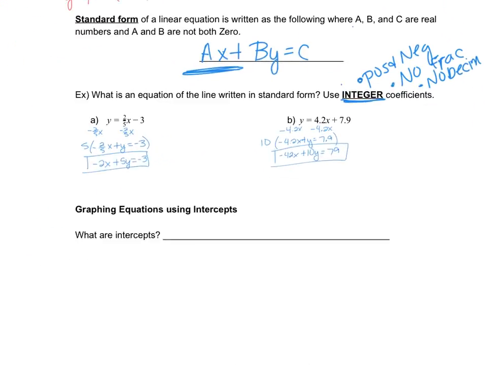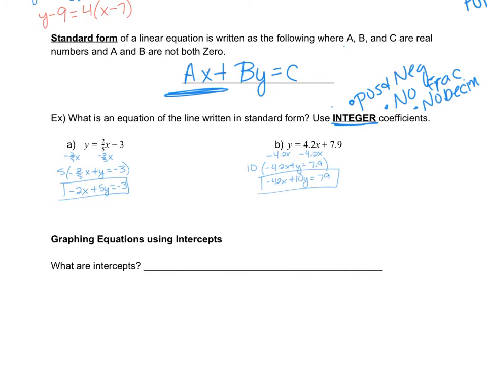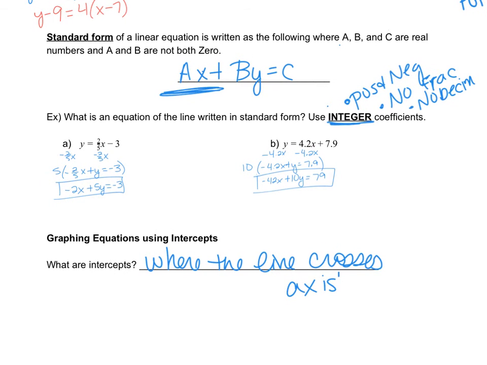Okay, next one. What are intercepts? So if you don't remember from Algebra 1, intercepts are where the line crosses the axes, the plural form of axis. So the axes. Don't say axes.